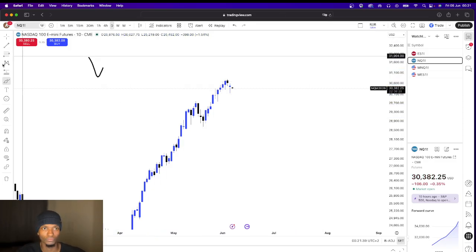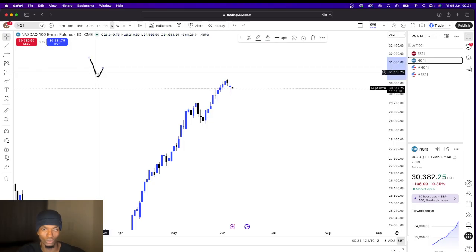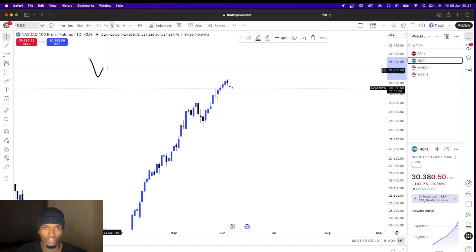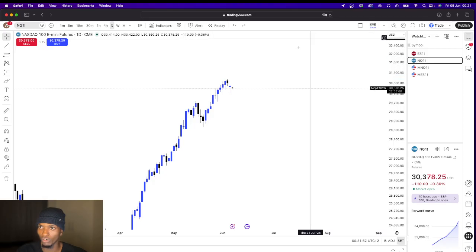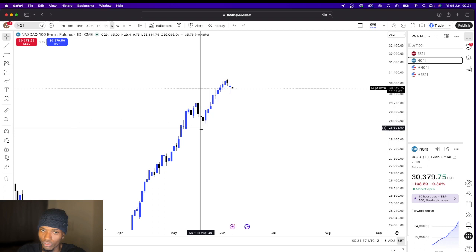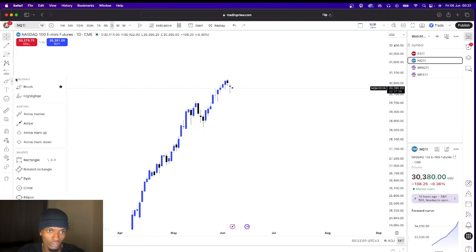That's what we'll be using in order for us to know what our daily bias is, and again, whether we will be looking for longs or shorts for the day. So let's look at the chart here. Let me use a rectangle.